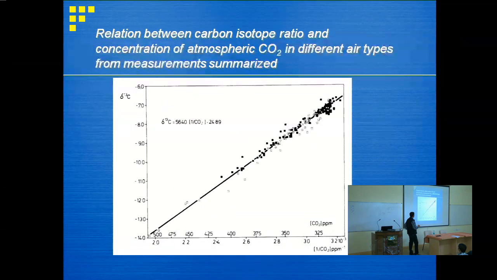This is the source value, which is minus 24.89. I mentioned that fossil fuel, and the plant have a respired component which is around minus 25 to minus 28. So this comes roughly in between, suggesting that respiration and photosynthesis are the end members. So you can figure out how much is the respiration and how much is the natural air getting mixed in one particular environment.